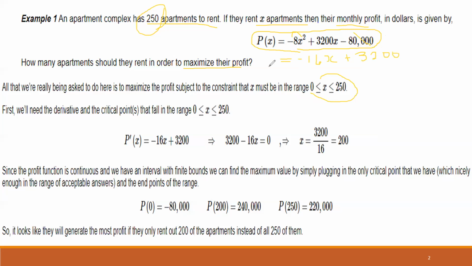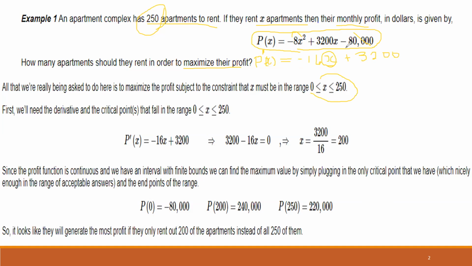This is called the first derivative. This little dash on top means the first derivative of the function P(x). All you need to do now is solve for x. What value should x be in order for us to have the maximum profit?